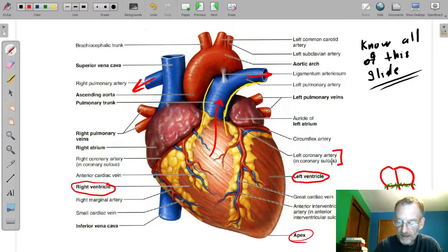Here is the left coronary artery. It's coming off of the aorta, which we'll look at later. And the major branch is the LAD, which is coming down. It's the artery going right down the sulcus. So that is the anterior interventricular artery, as they call it, or the LAD.